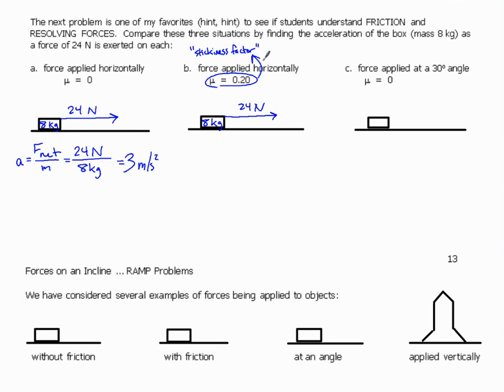So in order to figure out the net force, we have to figure out the force of friction, because there is some amount of friction holding us back, but we don't yet know what it is.